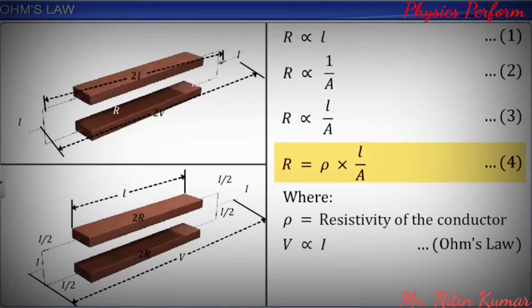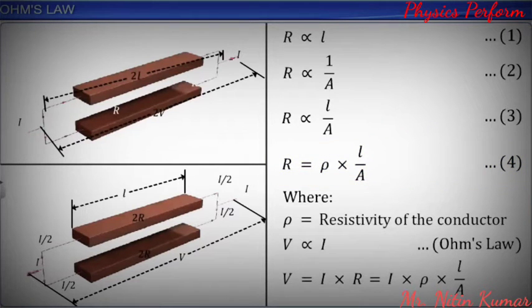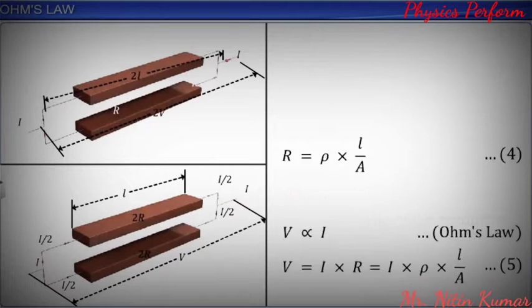Substituting equation 4 in Ohm's law, we get V is equal to I into ρ into L by A. Let this be equation 5.